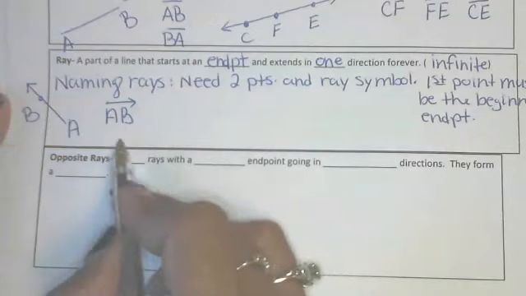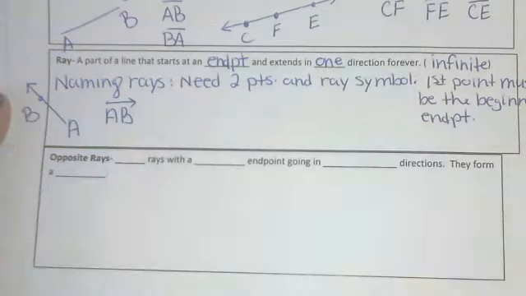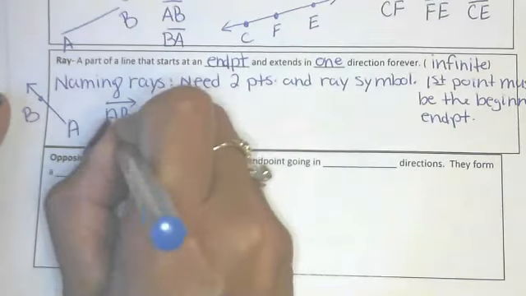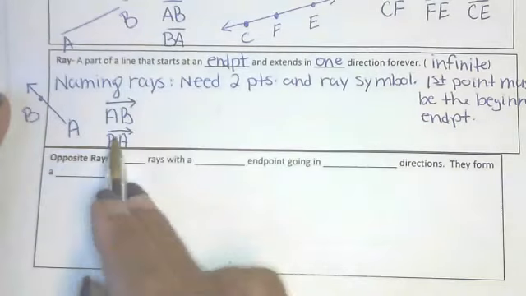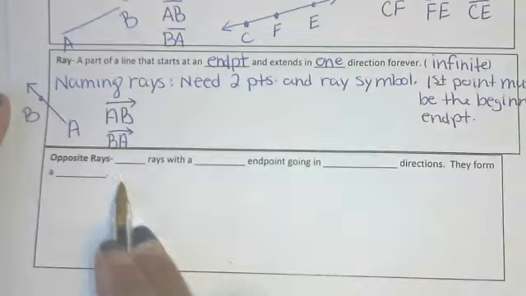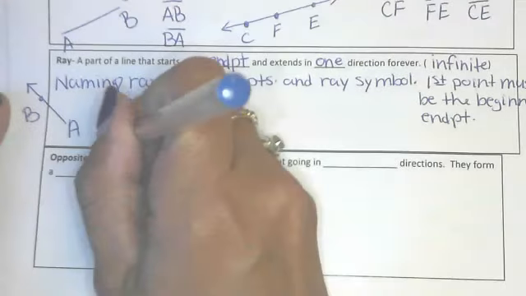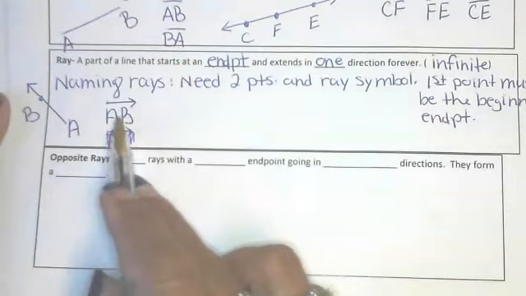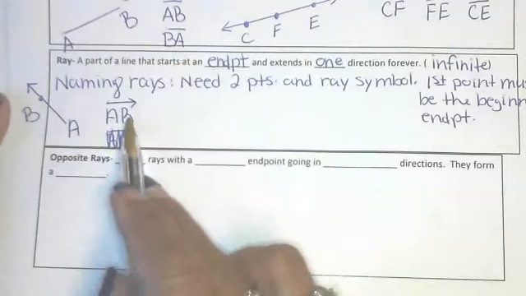Would I call it ray BA? No. Don't write this down. This means that the ray starts at B, goes to A and keeps going, and it doesn't. So this is the first time the order that these letters appear makes a difference on the ray.